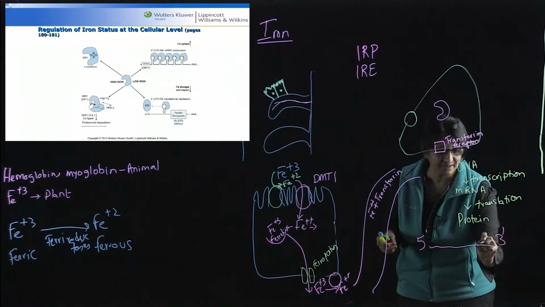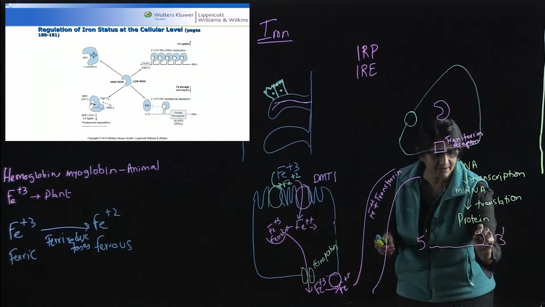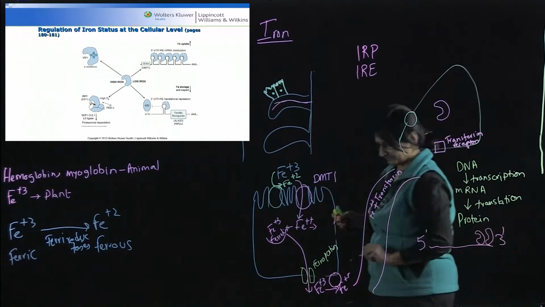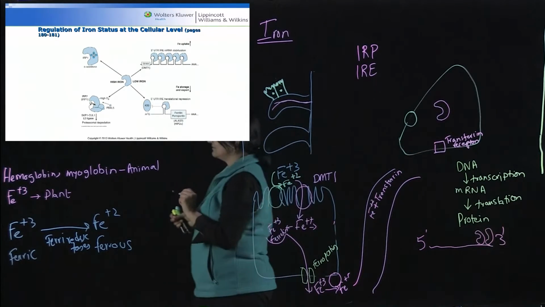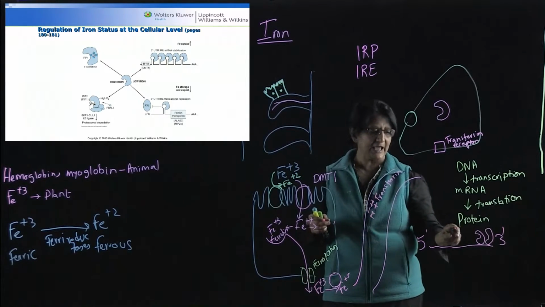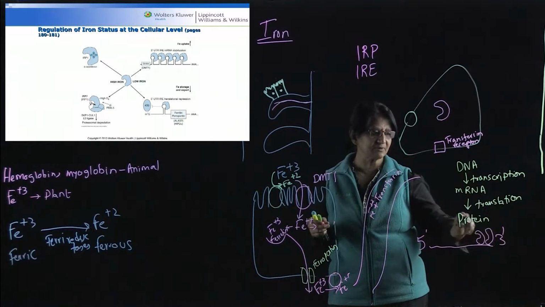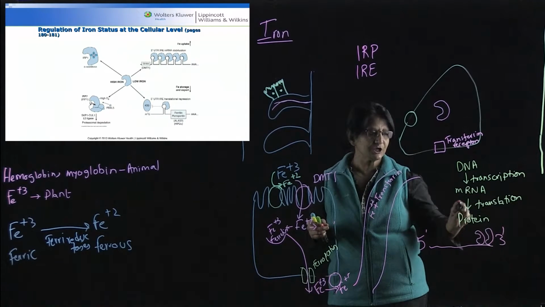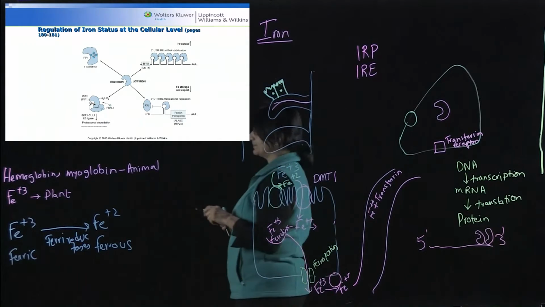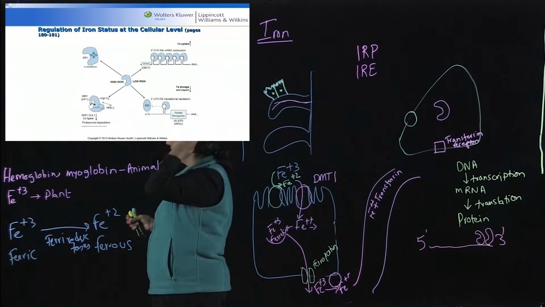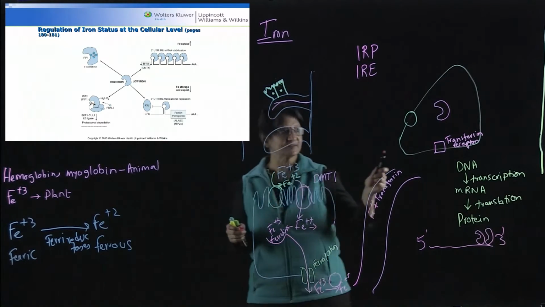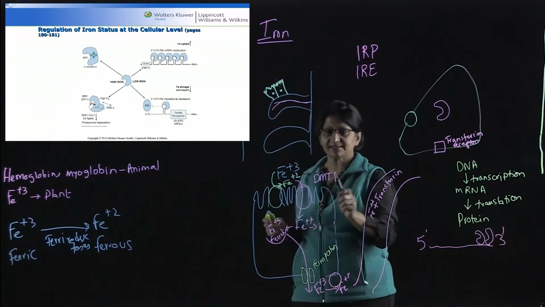When we talk about the 3' end, they are going to go and bind right here, and they will stabilize that mRNA, and as a result of that stabilization, you're likely to make more of that protein. And this happens with regard to both the transferrin receptor as well as DMT1.